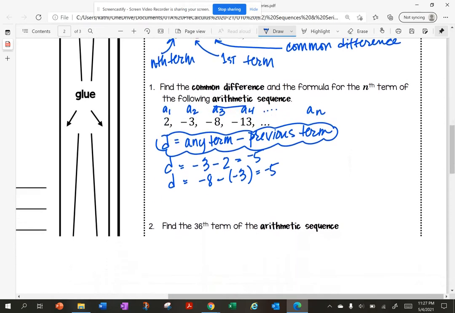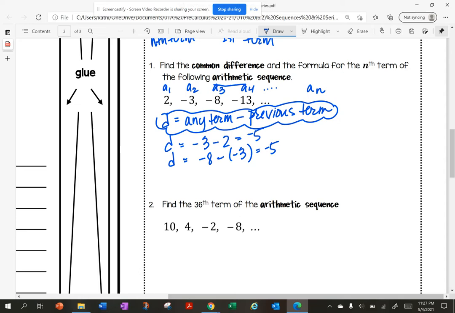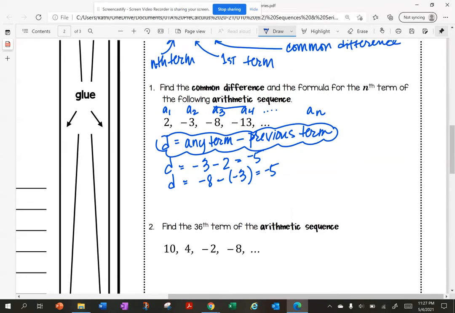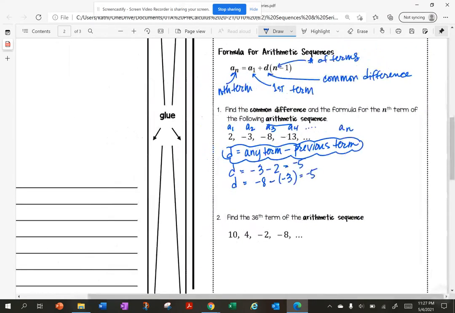Okay, so for my nth term, I'm going to substitute into the equation. a sub n equals the first term, which is 2, plus the common difference, which is -5, times n minus 1.